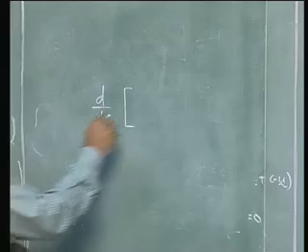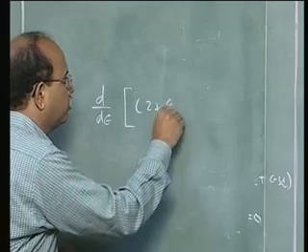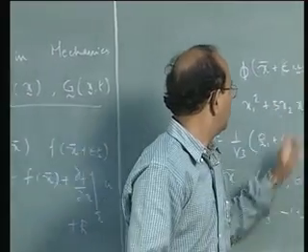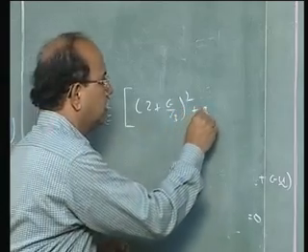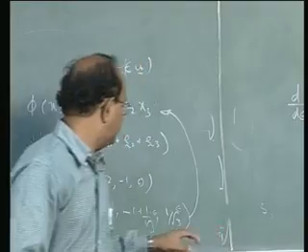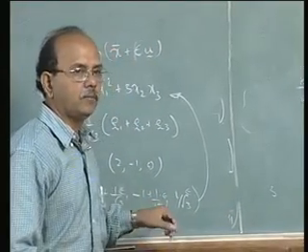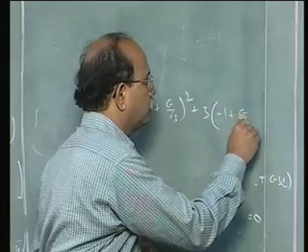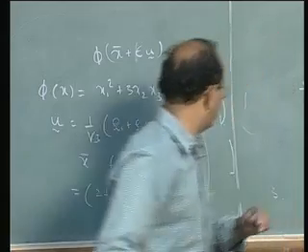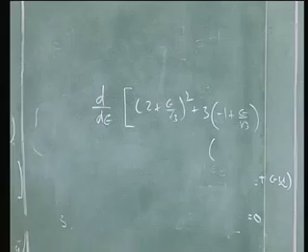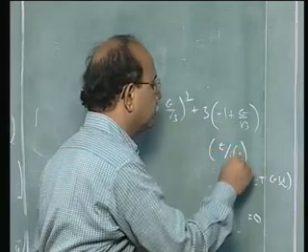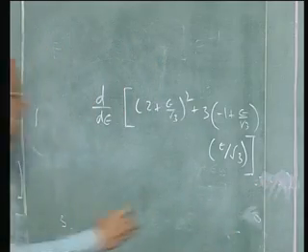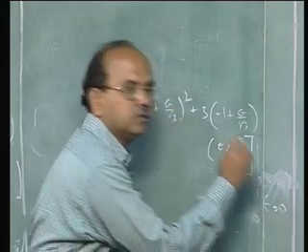It is 2 plus epsilon by root 3, whole squared, that is x1 squared, plus 3 into x2 x3. x2 is minus 1 plus epsilon by root 3, and into x3. What is x3? x3 is epsilon by root 3. Evaluate at epsilon equal to 0.